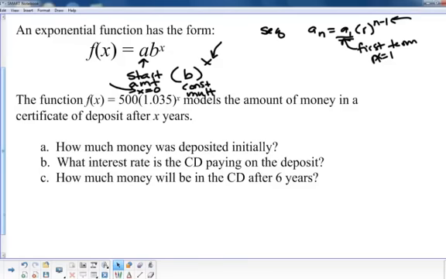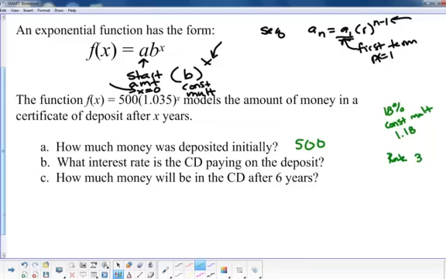So how much money did he deposit initially? That'd be $500. What interest rate is the CD paying on the deposit? Well, if you have an interest rate of like 18%, your constant multiple would be 1.18. If you have an interest rate of 37%, you're going to multiply by 1.37.